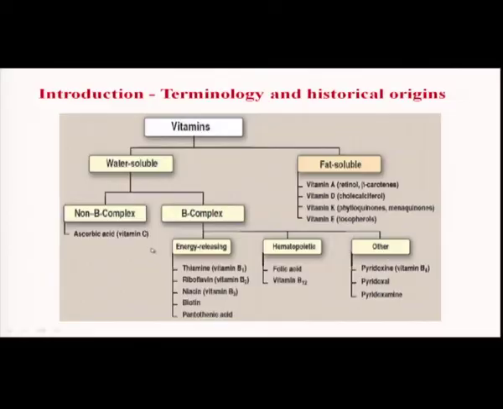So now let's look at this class of B vitamins. You have a broad class of these B vitamins. You could say those vitamins which play a direct role in metabolism. Here you have a list of thiamine, riboflavin, niacin, biotin and pantothenic acid. All these groups of vitamins play a very important role in metabolism.